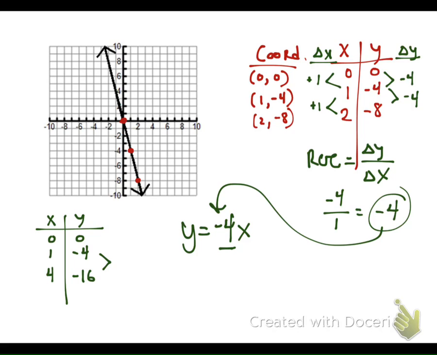Well, here my change is negative 12, and here my change is negative 4. My x's, my change is 1. Here my change is 3. If I reduce both of these, so I put, let's say, my delta y over delta x, if I reduce that, I'm going to come to negative 4. If I do my first one, negative 4 over 1, it's still going to get negative 4.